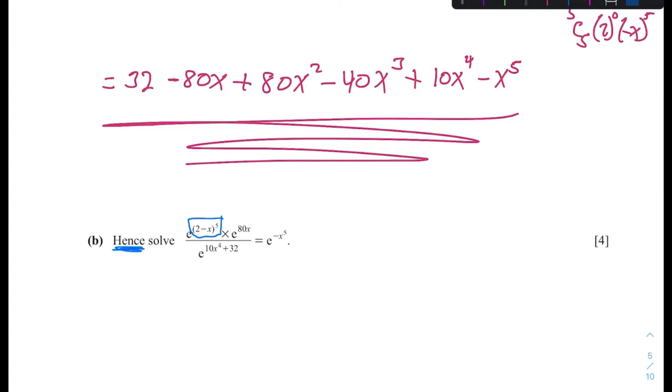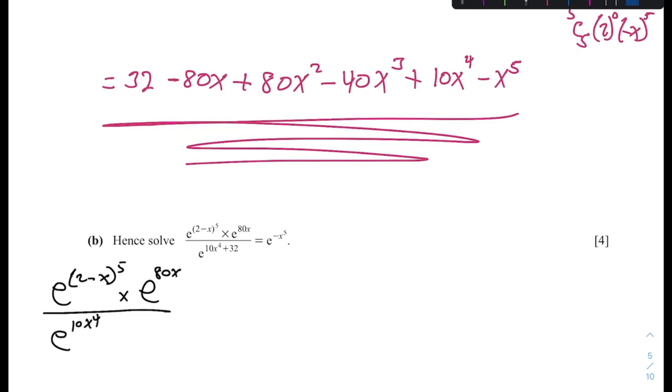Now, what can we do? Well, for one thing, I can't tell you exactly what we are going to do, but what I can tell you is that let's try solving it. Now, you know, in indices, if you have this, 2 minus x to the 5th power times e to the power 80x over this, plus 32 is equal to this.